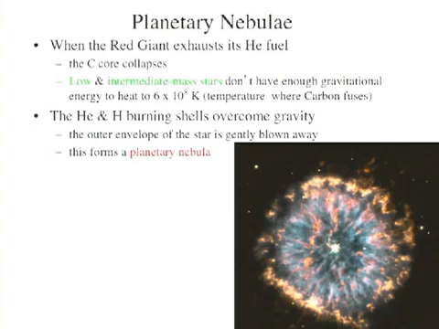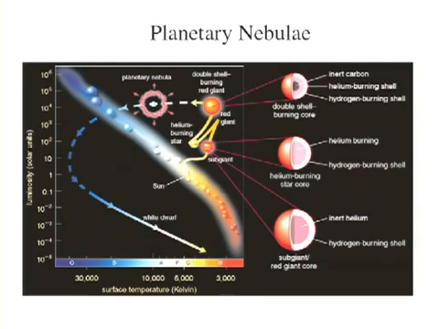So what's it going to do then? The star is going through this crazy manipulation. First it goes here and goes up there, this red giant phase. Then it goes down and goes up. This star goes from helium burning to hydrogen burning, helium burning somewhere.